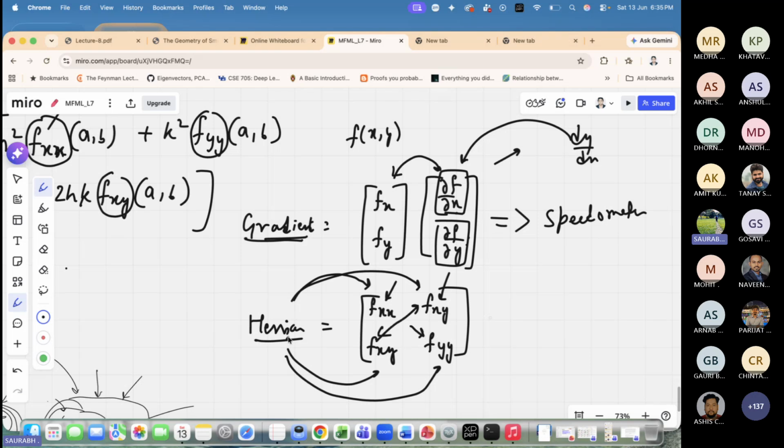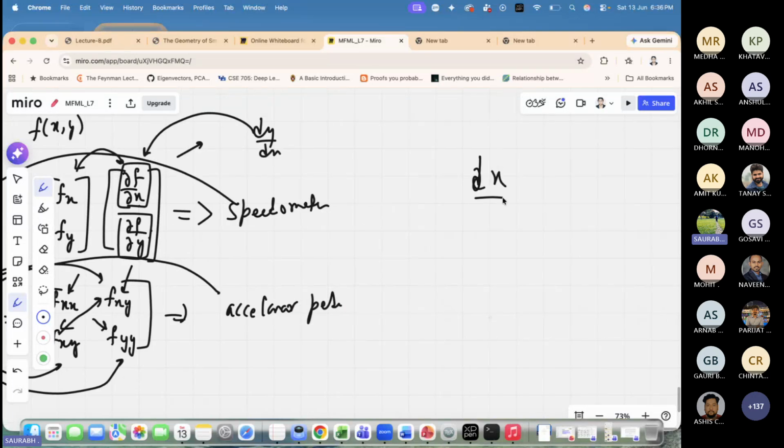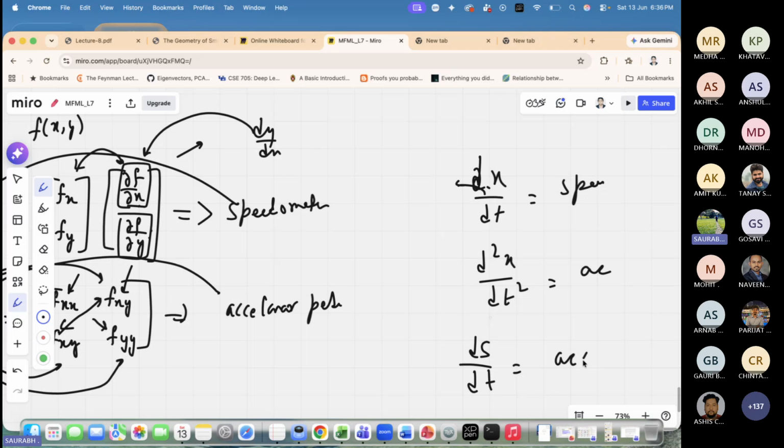If you think of gradient as a speedometer, Hessian is basically the accelerator pedal for you, right? Because if you think of rate of change of distance, dx by dt is your speed, then if you differentiate it twice, d2x by dt square is your acceleration. So ds by dt is nothing but your acceleration, right?